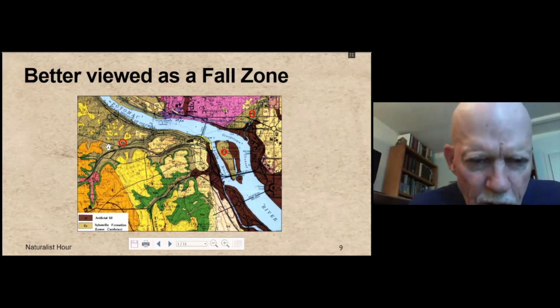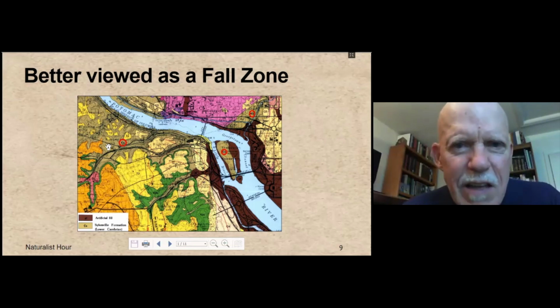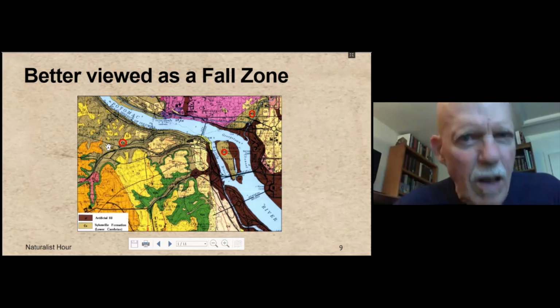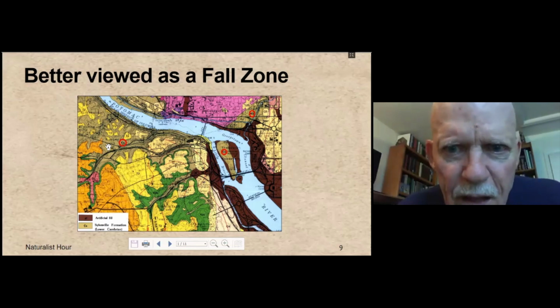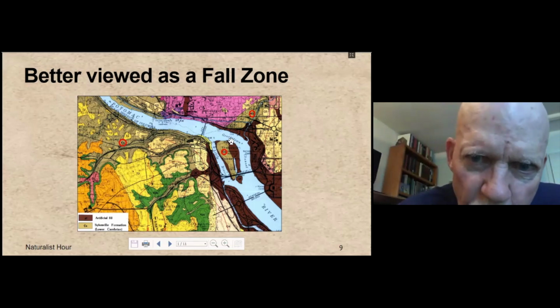Now, I'm showing you this particular map just to show you how crazy it is to think of a fall line. The picture that I showed you at the beginning with the little dotted line running down was right there.